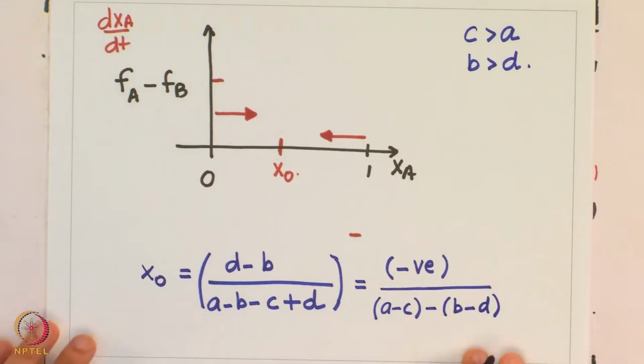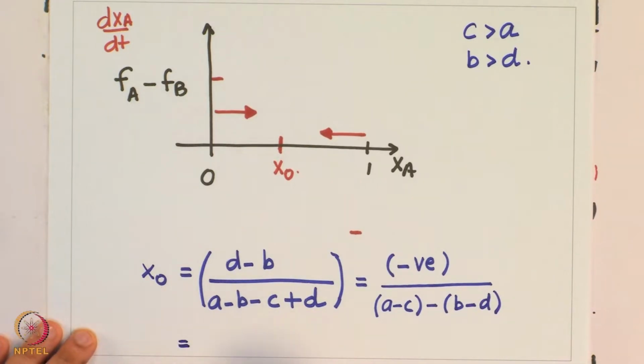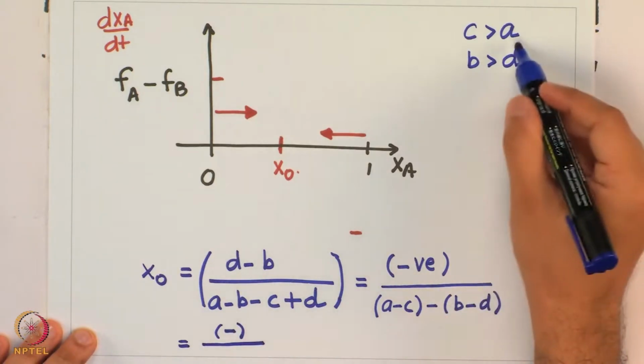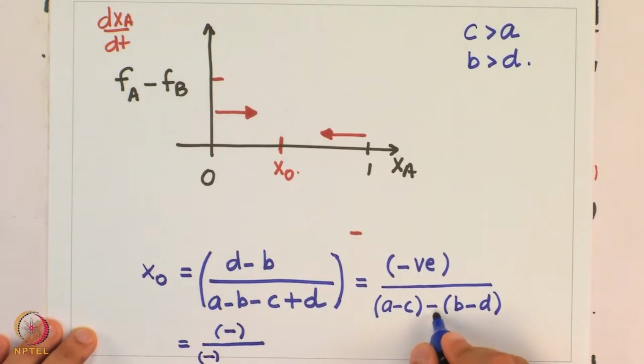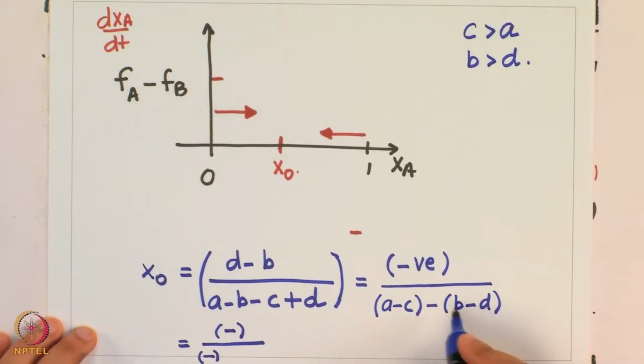If I write it like this, then what this is telling me is that the whole expression is a negative number divided by a minus c, which is again a negative number. So, this is again a negative number minus b minus d. B minus d is a positive number, but there is a negative sign here. So, this is plus another negative number. I can rewrite this as negative of a positive or positive of a negative.